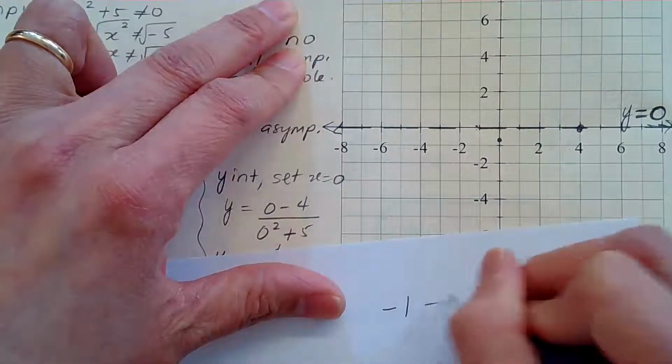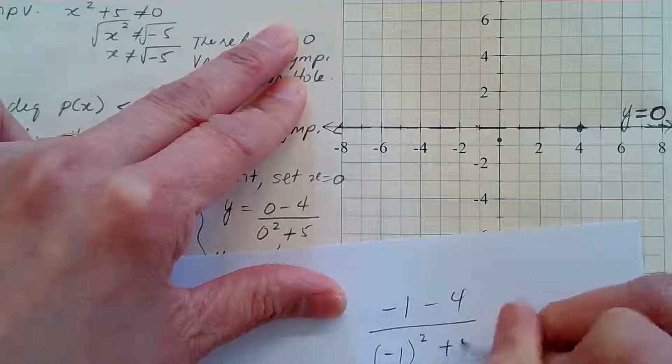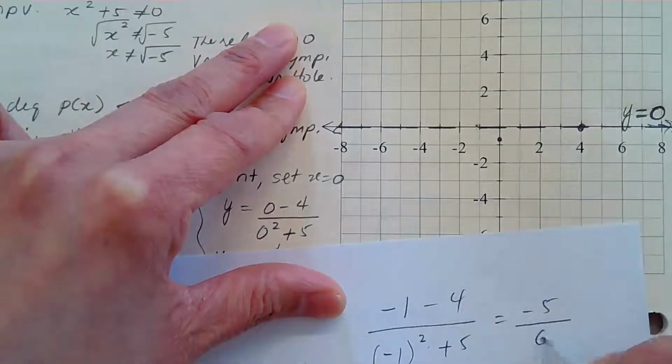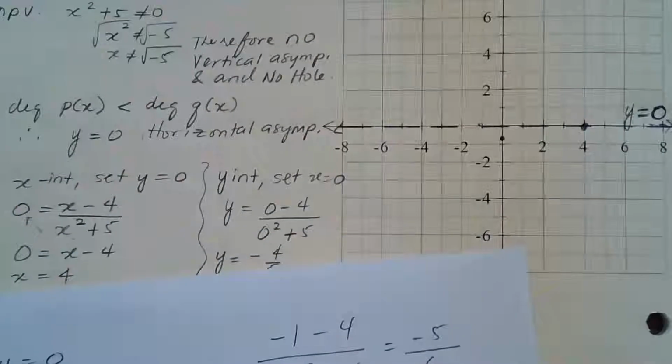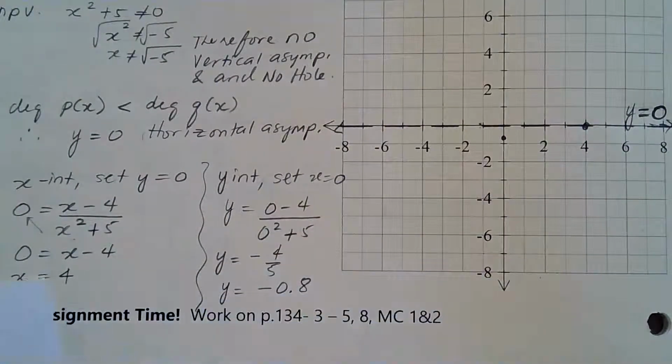Okay, if x is negative 1, so negative 1 minus 4, over negative 1 squared plus 5, so that's negative 5 over 6, which is negative 0.8333.